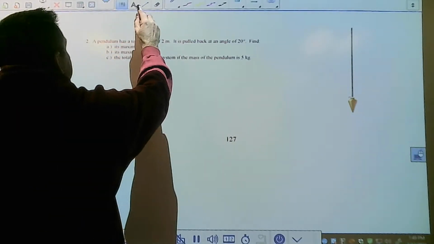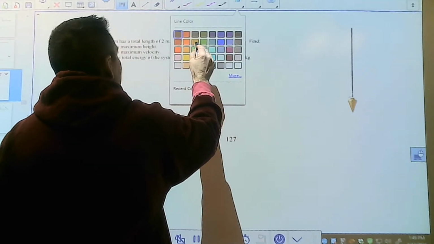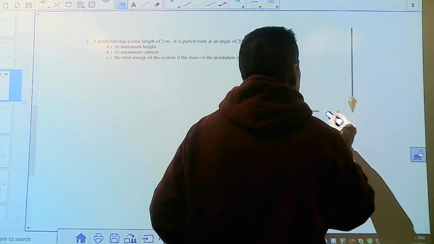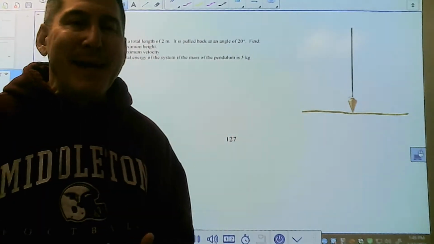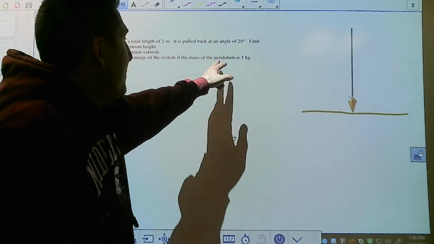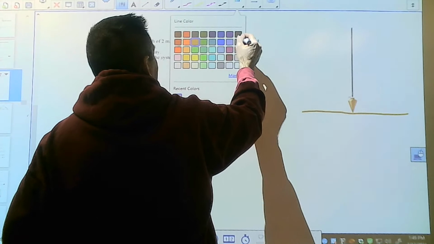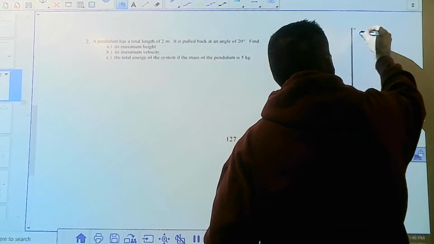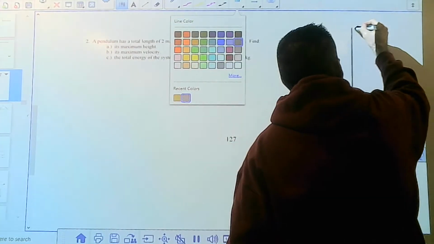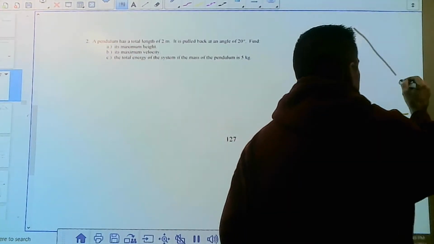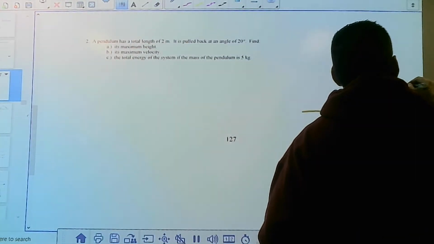So what I'm going to do is draw a little line representing the floor. And we're going to pull that pendulum back a certain amount, in this case 20 degrees. I'll exaggerate, that's obviously more than 20 degrees, but I'll exaggerate it for the effect of doing the problem.